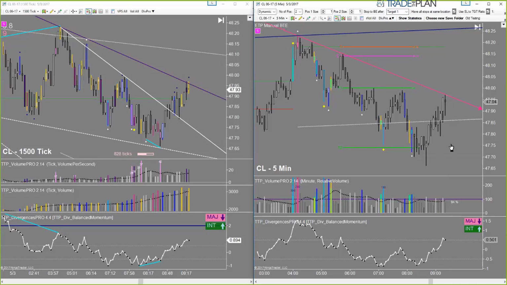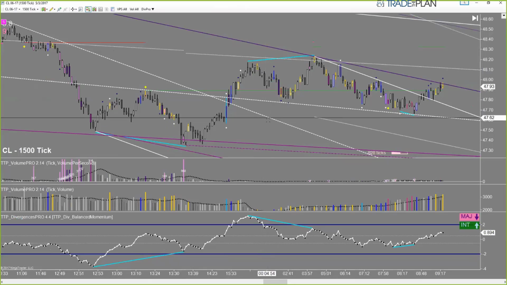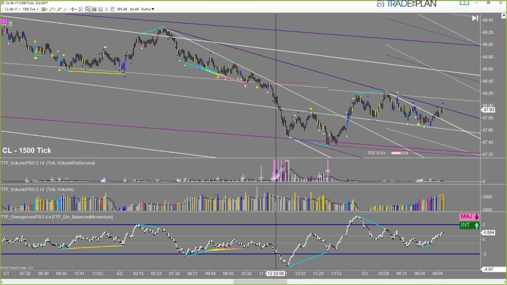Let's scroll forward to, well, that's a trade right there. It's got to be. It's at least an area, so let's log it regardless of what happens. It's a trend line from way back.